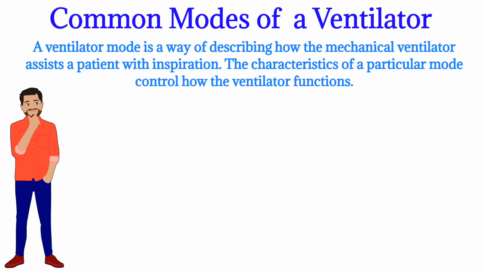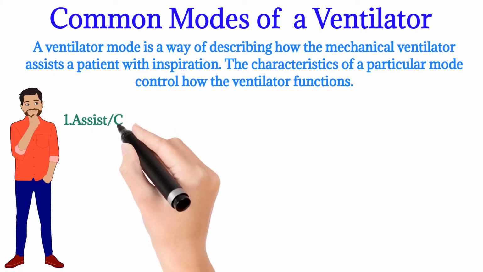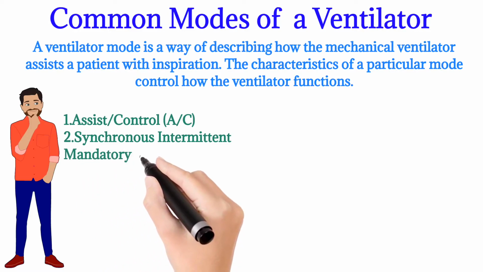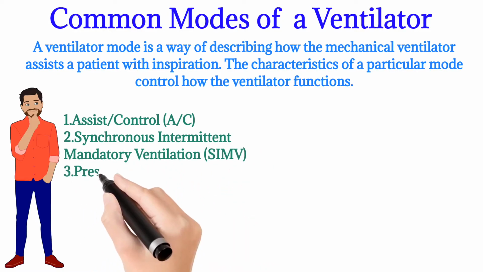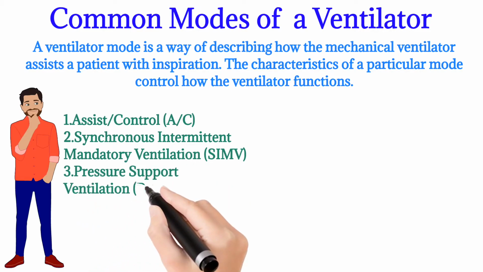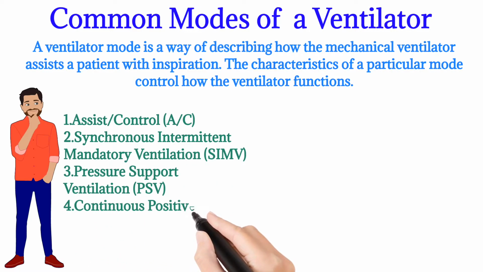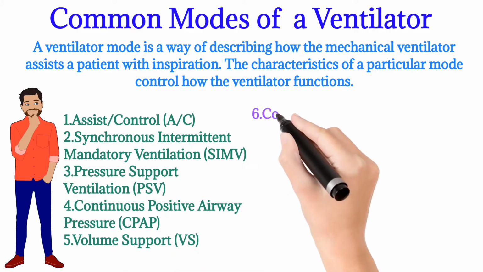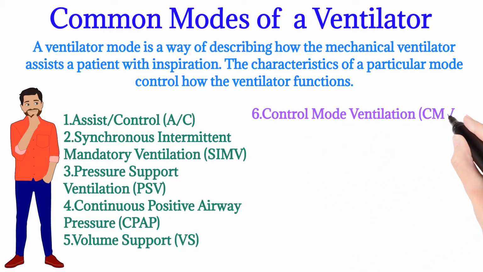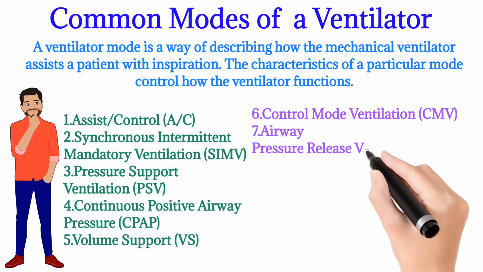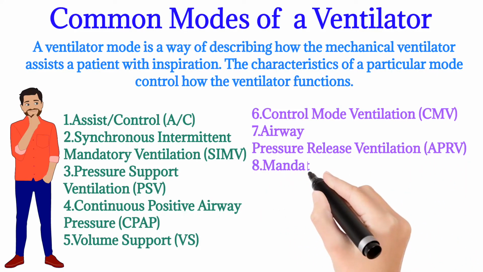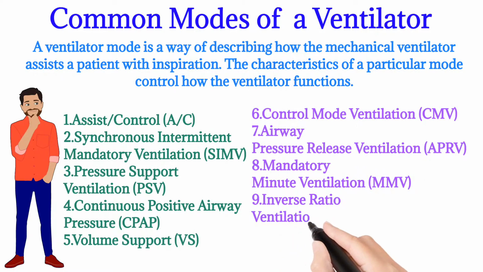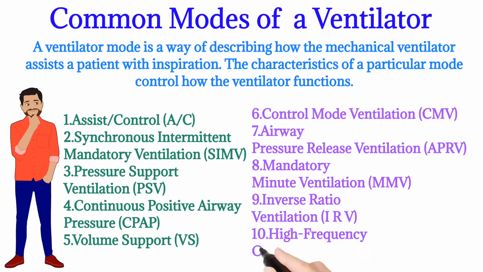Common modes of mechanical ventilation include assist control, AC; synchronous intermittent mandatory ventilation, SIMV; pressure support ventilation, PSV; continuous positive airway pressure, CPAP; volume support, VS; control mode ventilation, CMV; airway pressure release ventilation, APRV; mandatory minute ventilation, MMV; inverse ratio ventilation, IRV; high frequency oscillatory ventilation, HFOV. Now we are going to describe one by one.